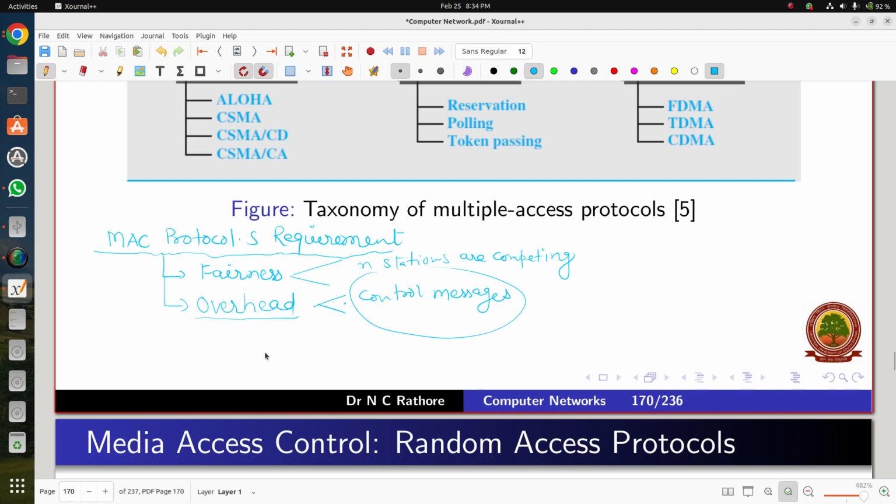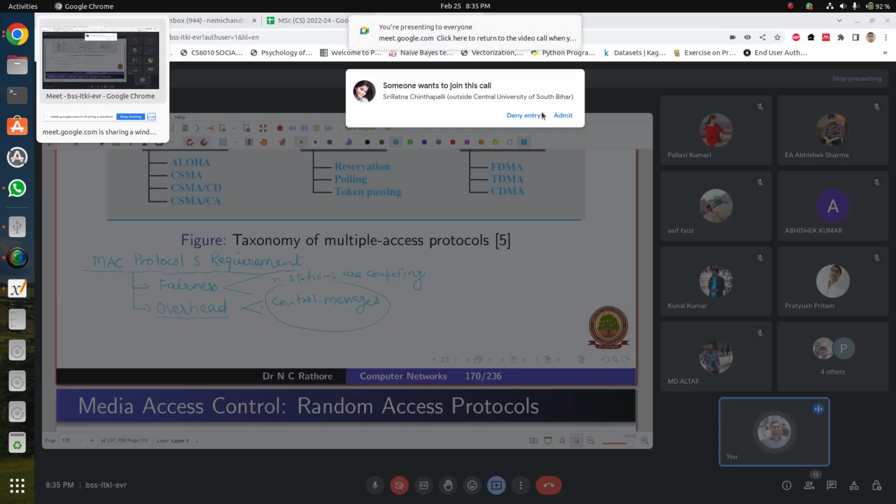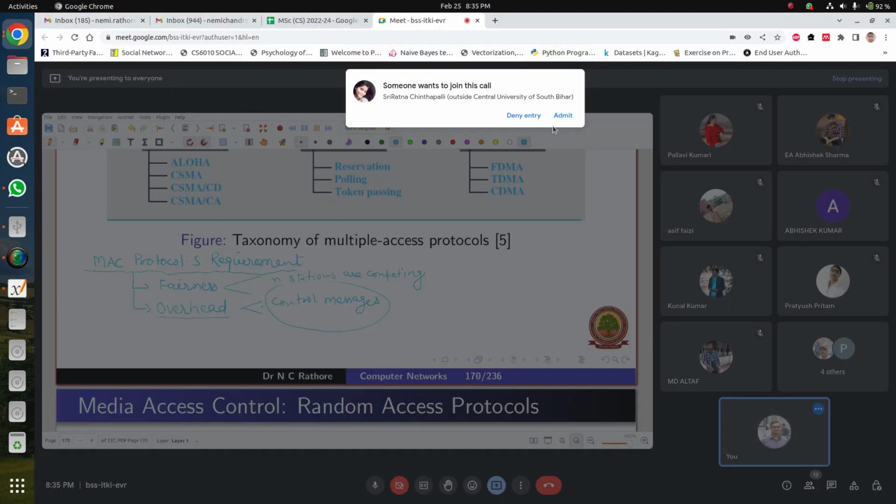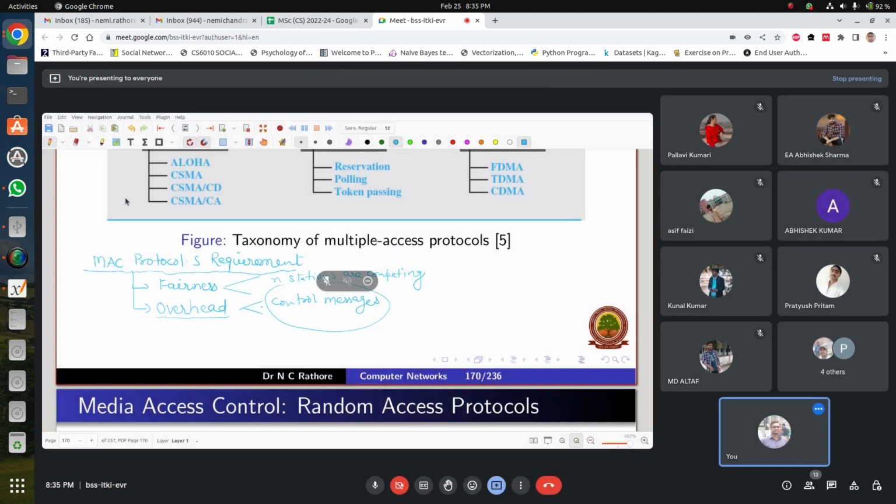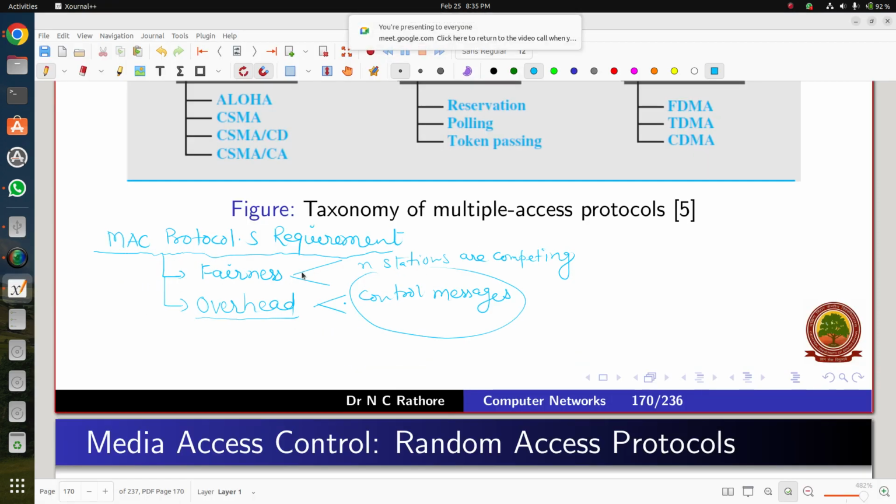We want to minimize this overhead. A protocol will be called very good if it has less overhead, and with very few messages a decision is reached among the nodes, and a node will be able to access the channel. So that is the main point, overhead.